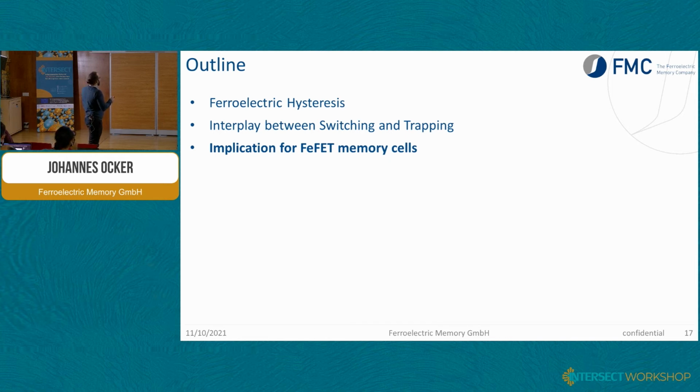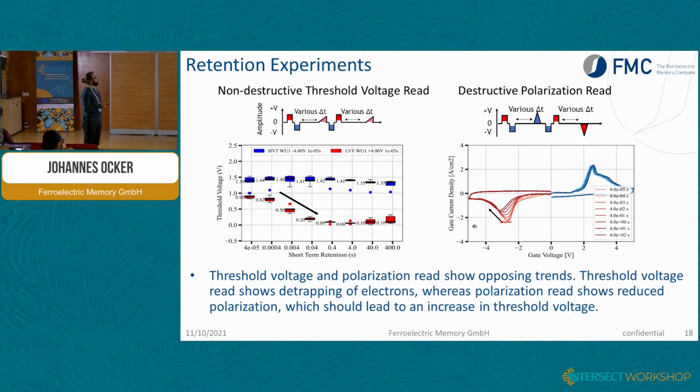But we first wanted to try to understand what is really going on in the stack. Ginestra did a great deal for that, because it's really not so easy to understand what is going on if you just have experiments. So here you have a non-destructive threshold voltage read, and we call that short-term retention, but it's basically just the wait time after the programming.